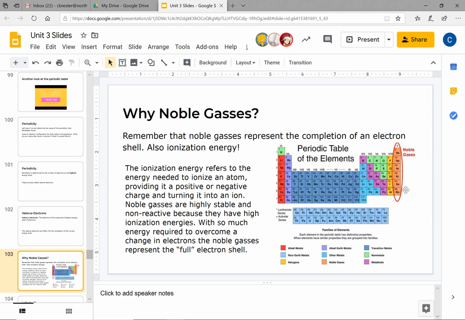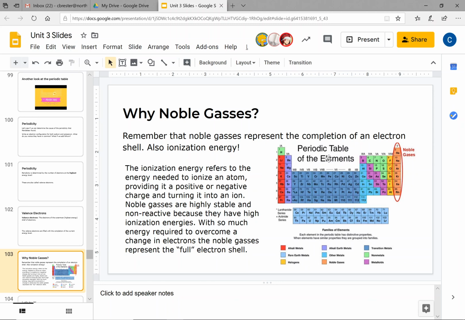Now, we talked about noble gases before. They're this group here, group 18 on the very far right-hand side. Noble gases represent the completion of an electron shell. If you think about it, we go 1s2, and helium is the final placement of that 1s orbital, energy level 1.